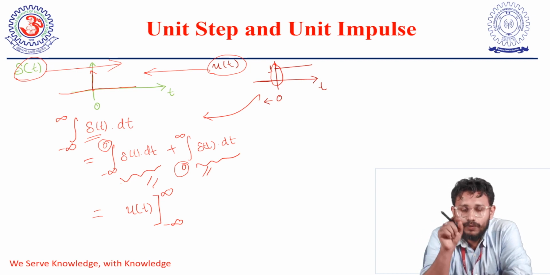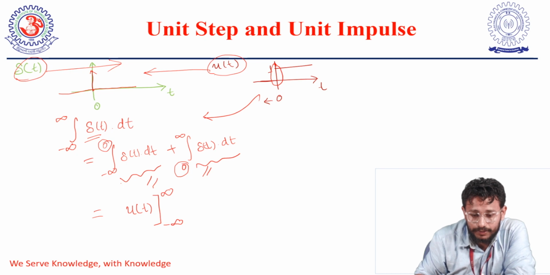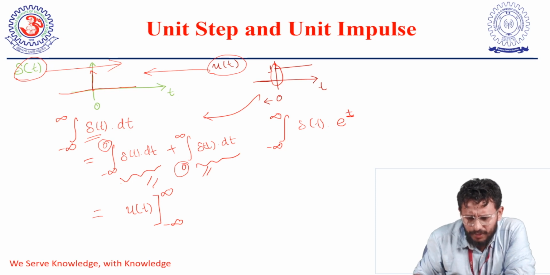Now essentially what I mean here is that this impulse signal, if it is multiplied with any nature of signal, will make it existent only for the duration wherein the impulse exists. Say for instance, if I take the same impulse signal and multiply it with a certain factor, say e to the power t.